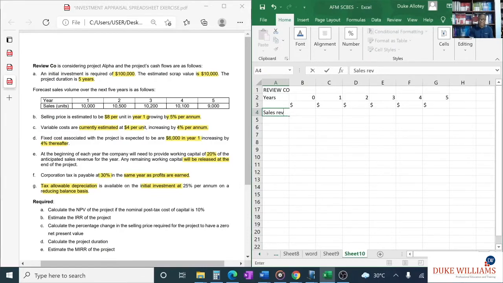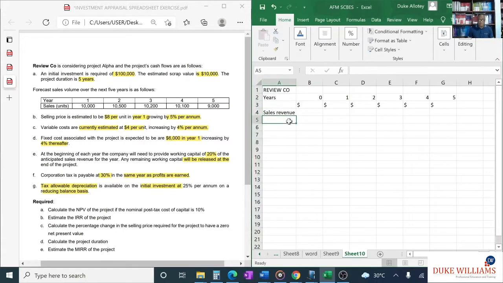You type that in nicely, and then I can see variable costs. I can also see fixed costs. Then nothing else. I think I can see tax allowable depreciation going out there, and then nothing else.